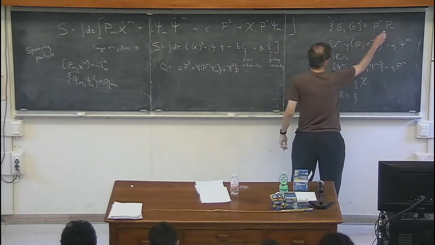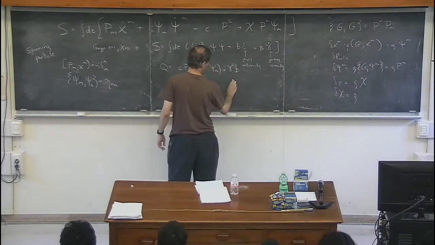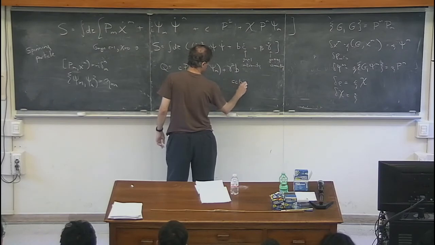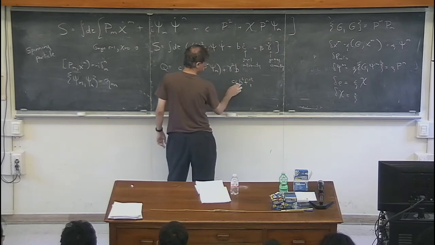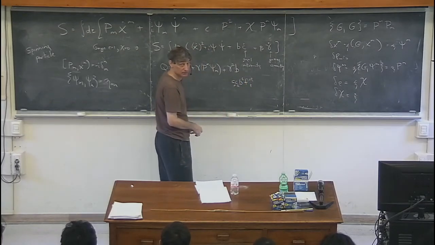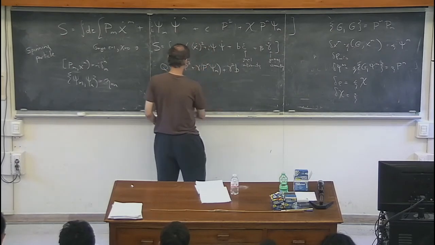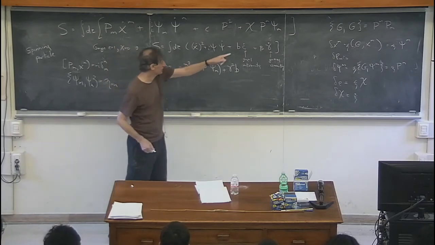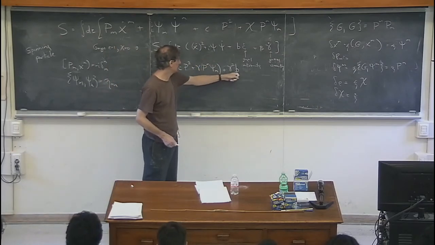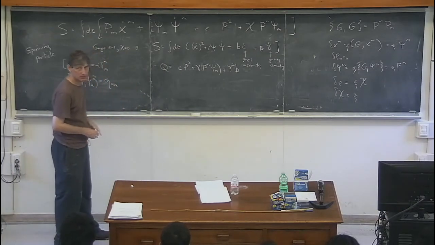So that means that this comes from the term c c b f. It's just that some of these are gammas and some of these are b's. Okay, so it's easy to show that Q squared equals 0, for example, just using this algebra for the G's and the usual commutation and anti-commutation relations. Any questions?